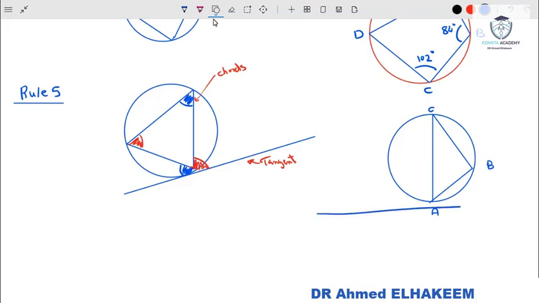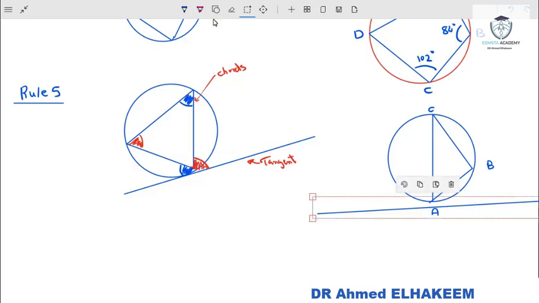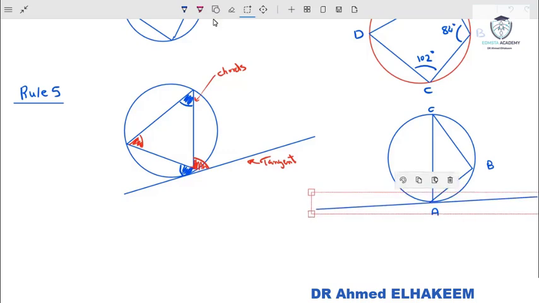And we have our tangent. Now, this is my angle. So it will be equal to what? This angle, right? If I have that angle, it will be equal to this one.